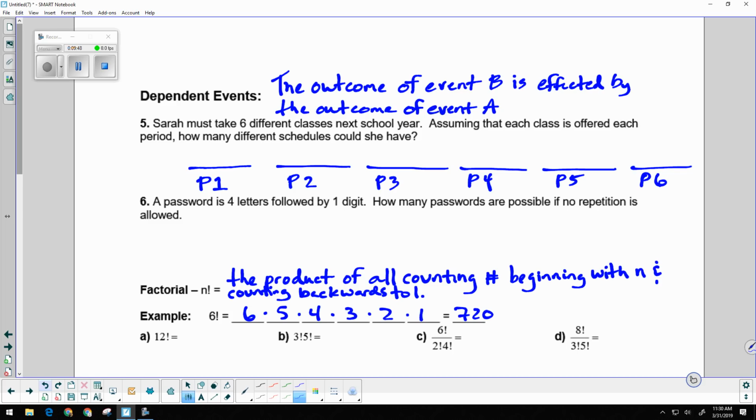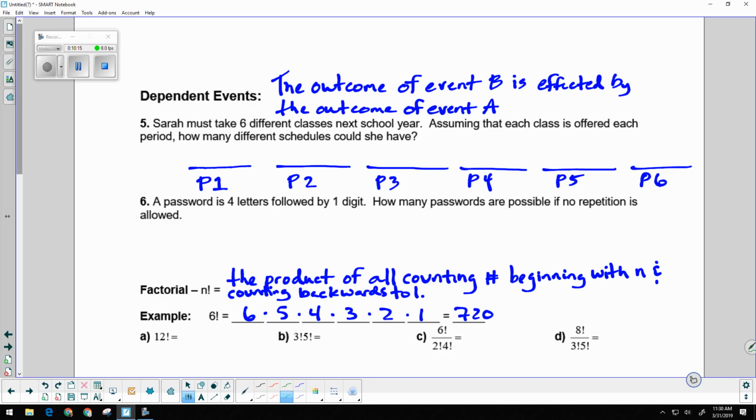So we're not talking about the number of different schedules based on the hundreds of different classes. We are just talking about, there are 6 hours and there are 6 classes that she can take. Say she's limited to just 6 different classes.